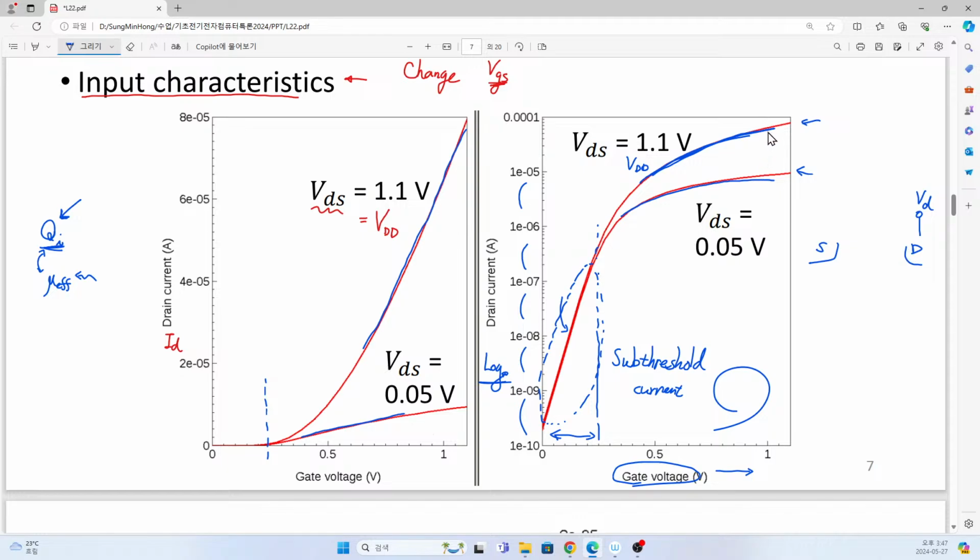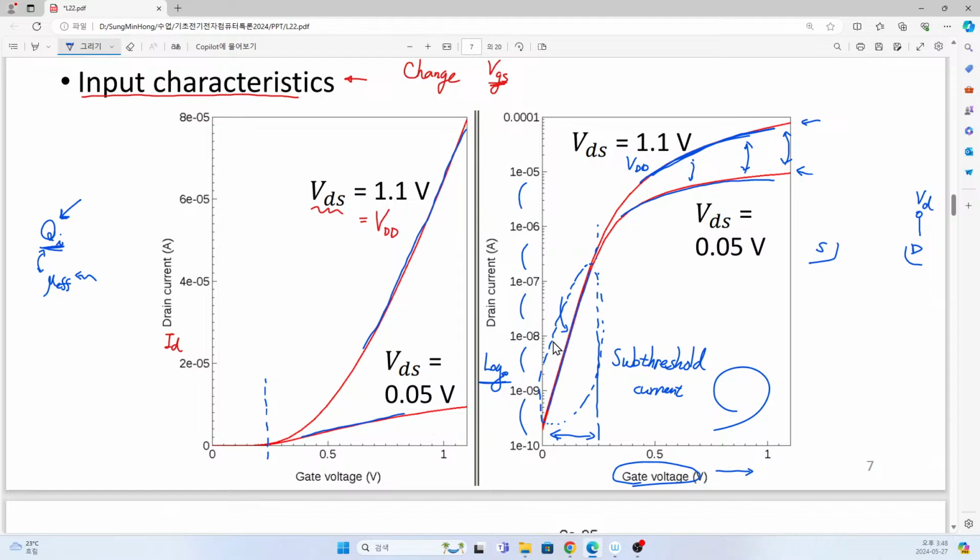That is quite reasonable and understandable. So there exist differences. And one interesting point is if we go to the subthreshold current, actually the difference seems to be quite small, almost no difference. We will revisit this one later.